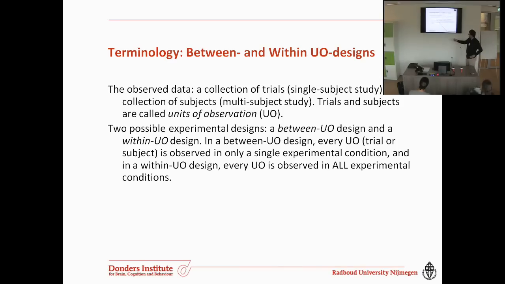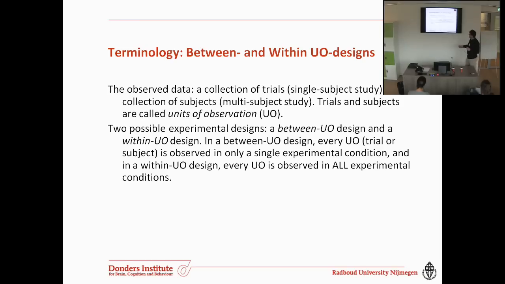Now there are two types of experimental designs, the so-called between unit of observation design and the within unit of observation design. In a between unit of observation design, every unit of observation is observed in only a single experimental condition. Whereas in a within unit of observation design, every unit of observation is observed in all experimental conditions. So a single subject study with multiple trials is always between unit of observation, because a given trial is only observed in one experimental condition.